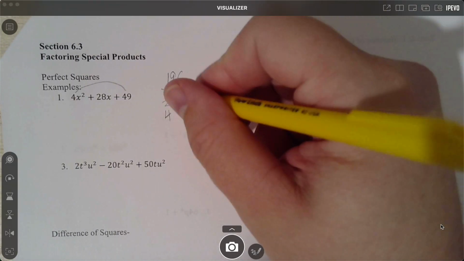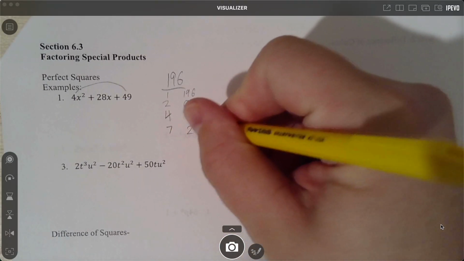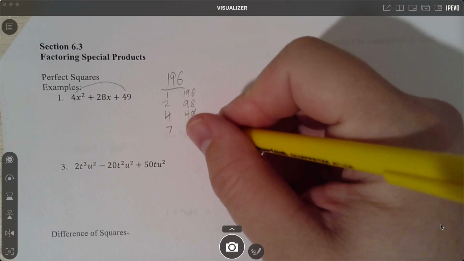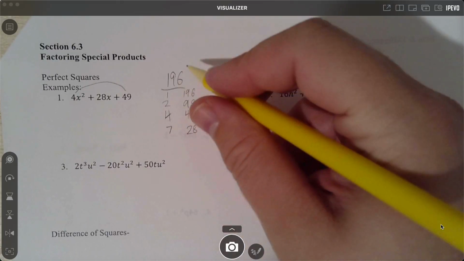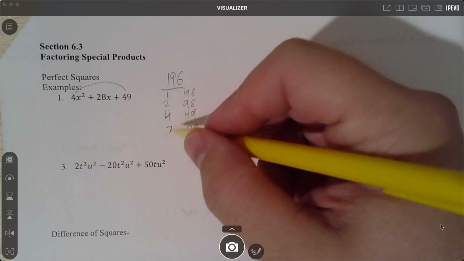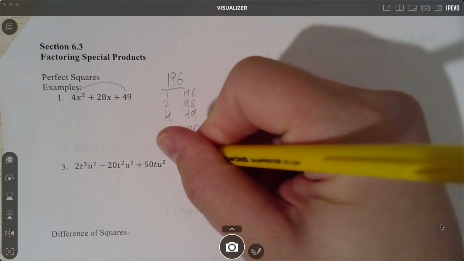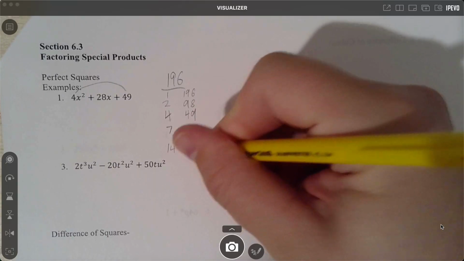But there's also 7 and, let's see, 196 divided by 7 is 28. And 8 won't work, just for the sake of time, I'm pretty sure. 9 won't work, 10, 11, 12, 13 won't work, but guess what? 14 will work, and actually its other pair is 14.